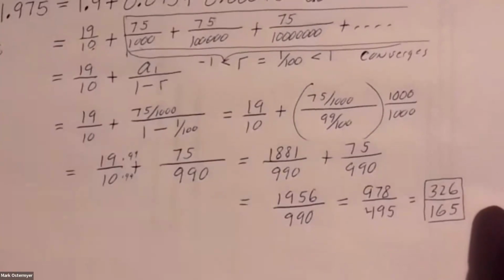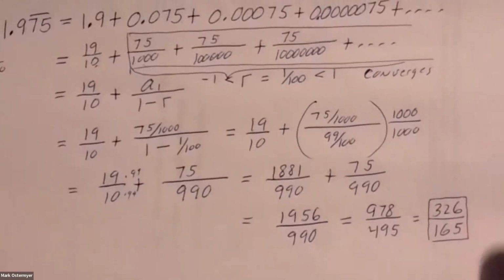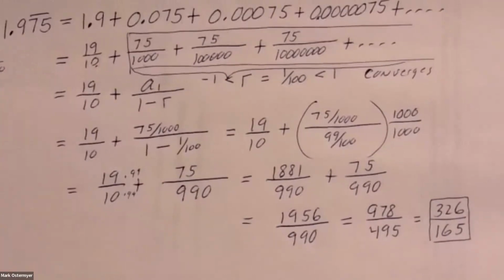It's 326 over 165. That was a more complicated one. All right, so we're done with that problem and we're done with that section. So that closes out section 8.3. Finally done with 8.3.